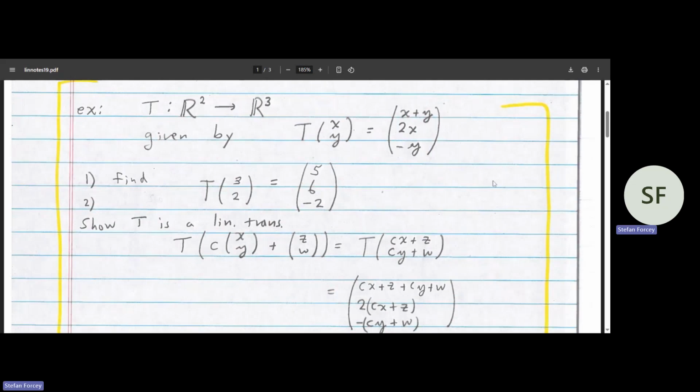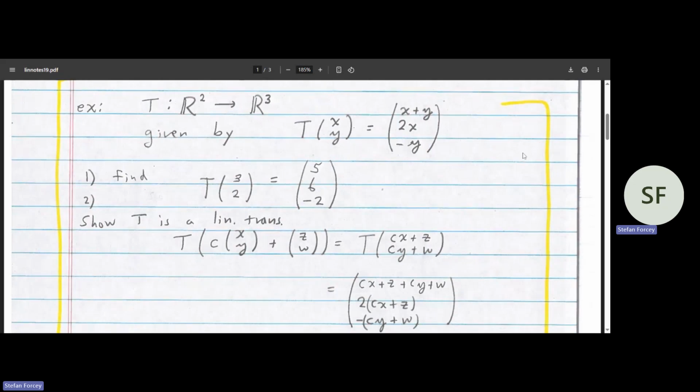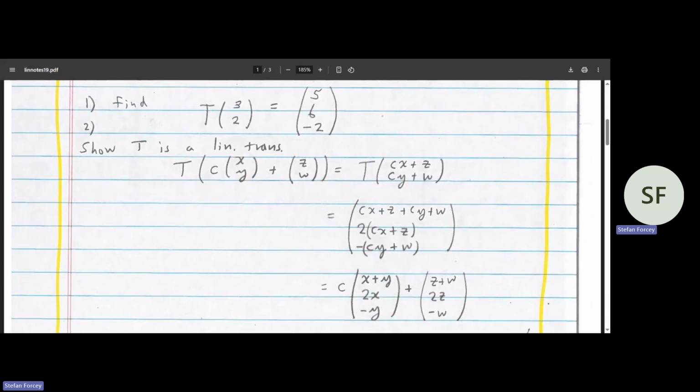So let's check and see that that's a linear transformation. What we'll want to do is see that it always preserves linear combinations, as in it doesn't matter whether you do the transformation before or after the combination. So we can do that all at once. We'll take c times (x, y) plus (z, w) and see that we can pull out the c and separate the addition.